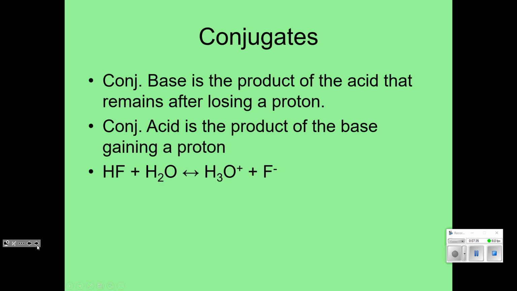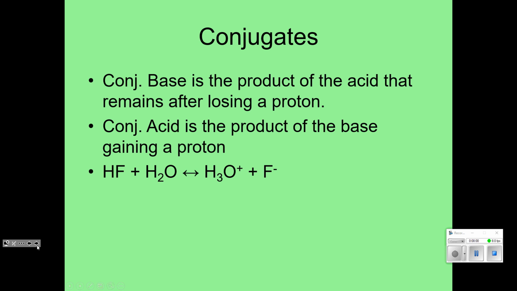Here's the example I'm going to give you. HF is hydrofluoric acid. It is a weak acid. As you will learn next class, it is the only halogen, that being fluorine, that is, when it's bonded to hydrogen, a weak acid. Because all the others, HCl, HBr, and HI, are strong acids.